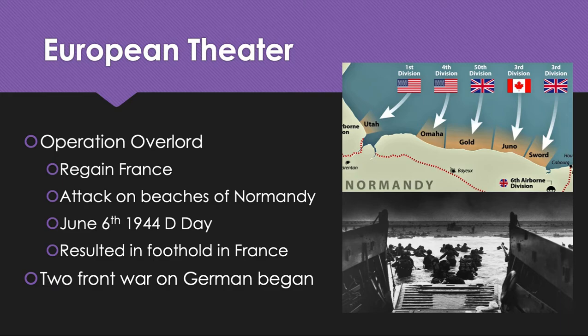Now, the United States doesn't enter until December of 1941, and then within a year, in 1942, the United States and the British are going to consider the possibility of a major Allied invasion across the English Channel. The Allied plans are going to begin to ramp up in the following year.